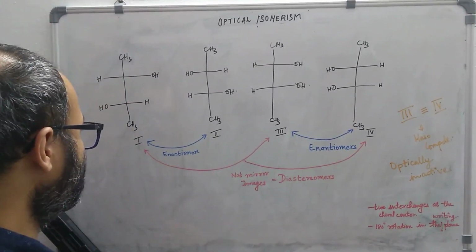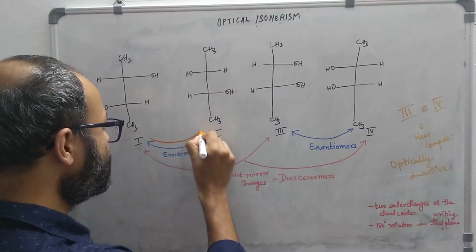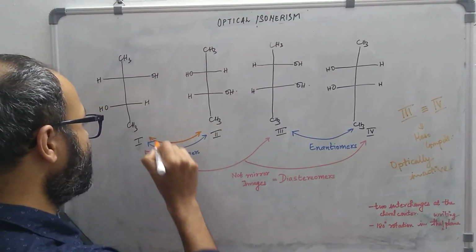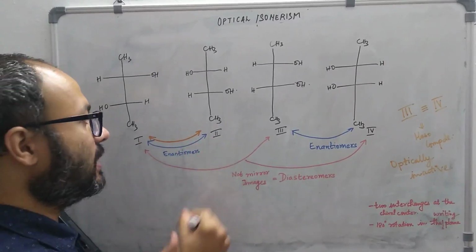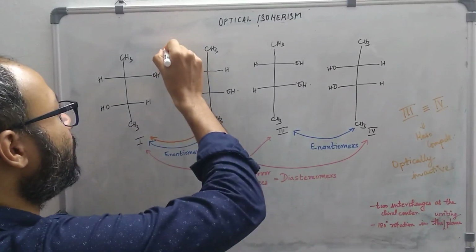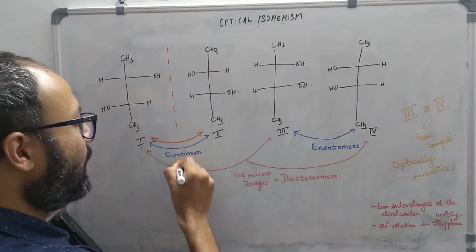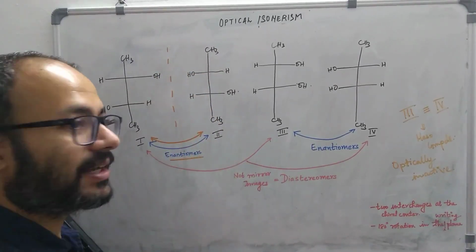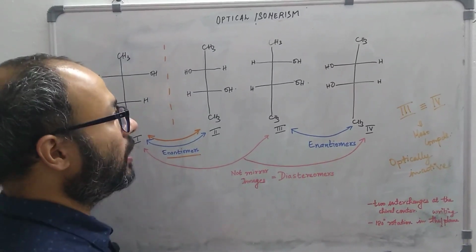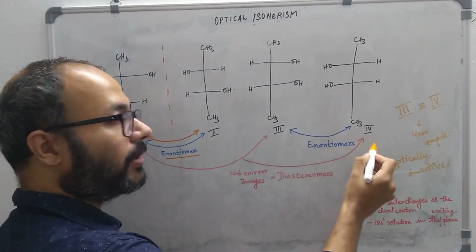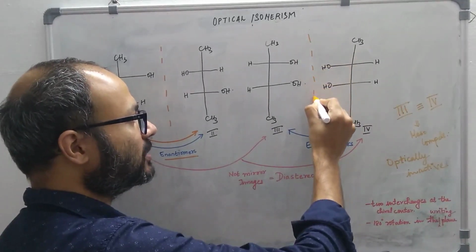If you look at these two, that is stereoisomers 1 and 2, their relationship is that they are mirror images of each other. So they are basically the enantiomers. In the same way, compound number 3 and compound number 4 are mirror images of each other.